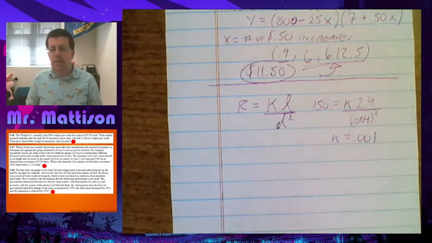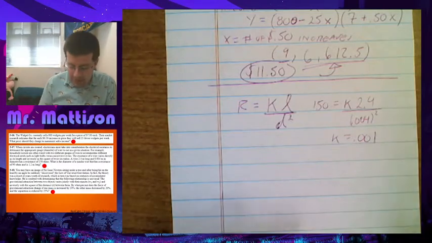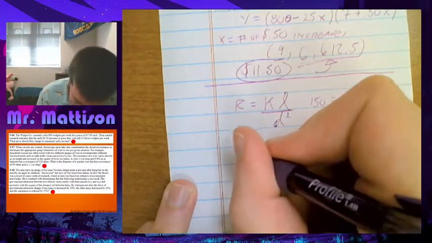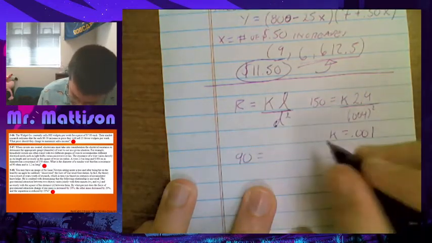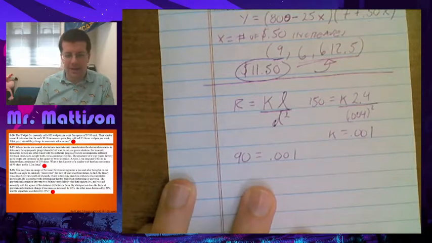Okay. So then I'm asked what diameter I need if I want 90 ohms and 1.2 meters of wire. So I want my resistance to be 90 ohms. My K is still 0.001 because that is now a constant that I know.